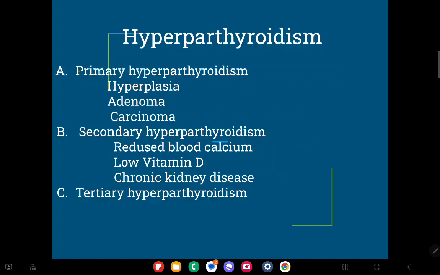Hyperparathyroidism is in 3 forms, and people are always confused about the 3 types of hyperparathyroidism. The most important one is primary hyperparathyroidism, which is caused either by hyperplasia of the parathyroid, that means an increase in the number of cells in the parathyroid, increasing the parathyroid hormone secretion, or by a single adenoma in one of the 4 glands.